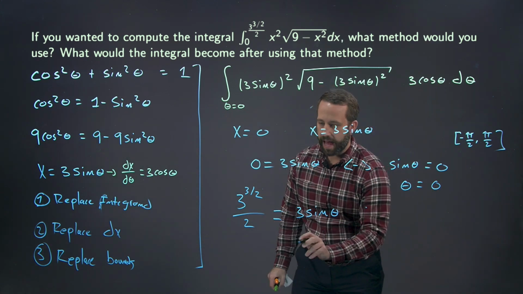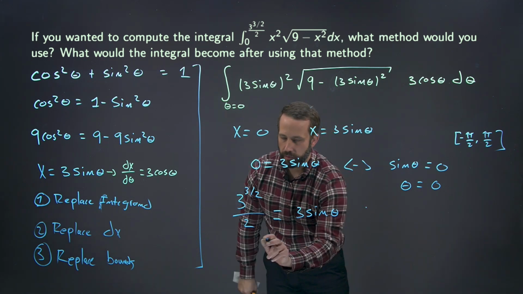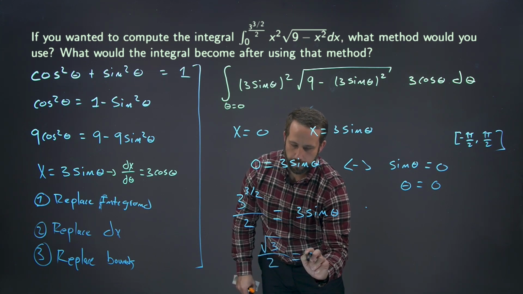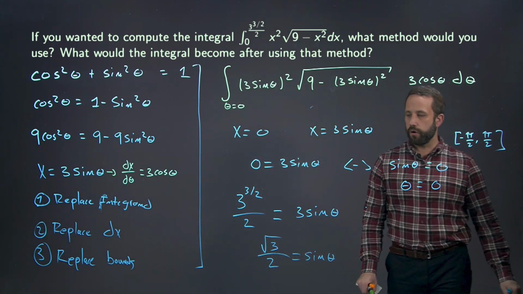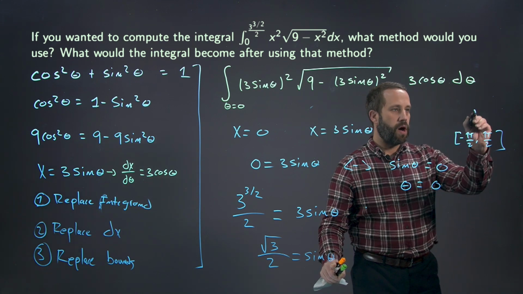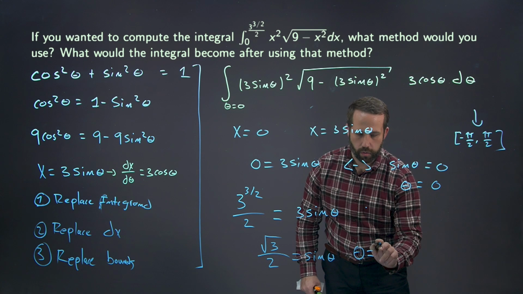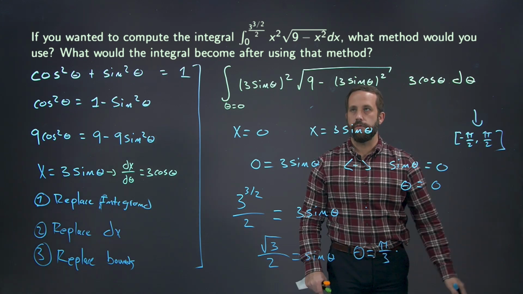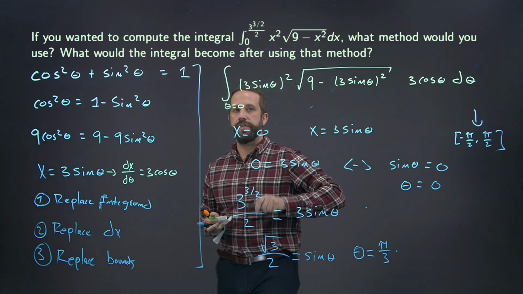When I do 3 to the 3/2 divided by 3, this is going to be the square root of 3 over 2, which equals sine theta. Of course, there are infinitely many solutions to this equation, but the one in this interval is theta equals pi over 3, or 60 degrees. And so the upper limit here is pi over 3.